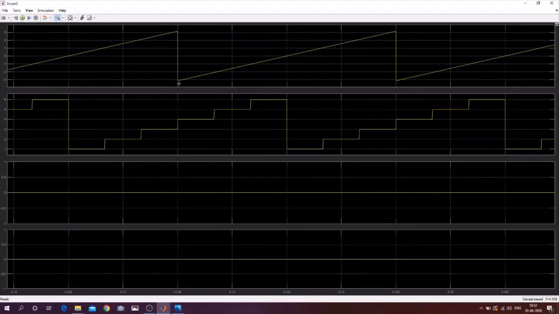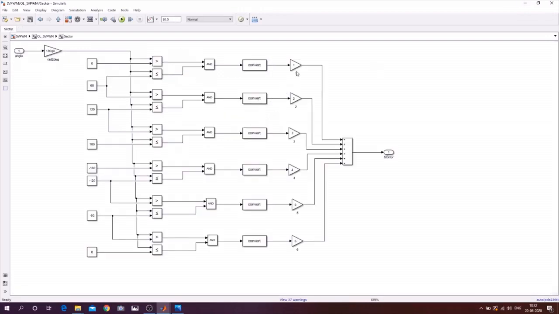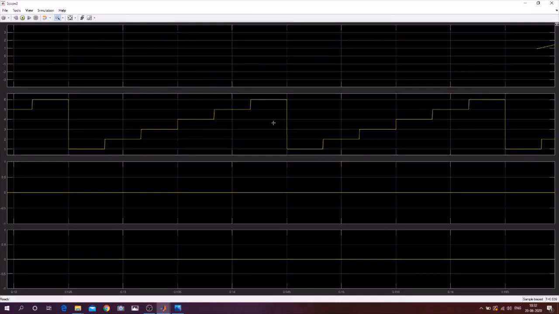It is going from minus 3.14 to plus 3.14, and you see that this is the sector. You see the minimum value is plus 1. This is sector 1, this is sector 2, this is sector 3, 4, 5, and this is sector 6. This is the reason that we are getting some step jumps, why we have multiplied it with 1, 2, 3, 4, 5, 6. If we had multiplied this one with any other number, then we would get another type of waveform. Okay, so these are our sectors.